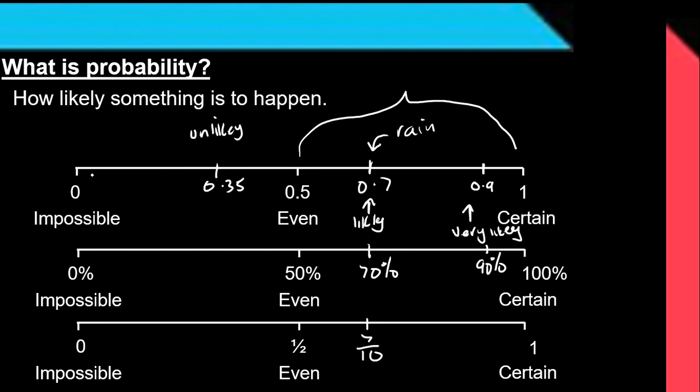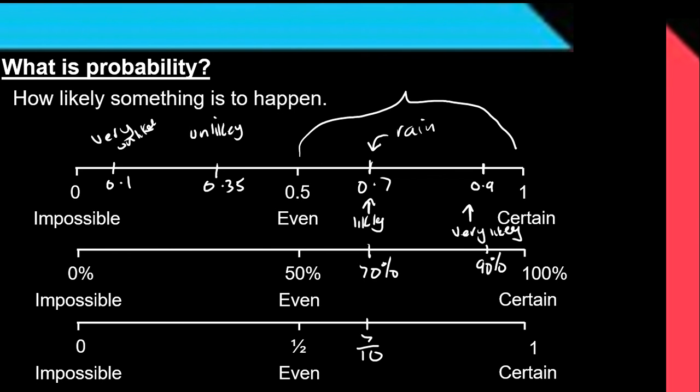The closer to 0, so let's say 0.1, we would say this is very unlikely. So that's looking at the probability scale as a whole. 0.5 is exactly in the middle, a 50-50% chance. Anything in the upper half of the scale, we would say it's likely or very likely. The bottom half of the scale, we would say it's unlikely or very unlikely.